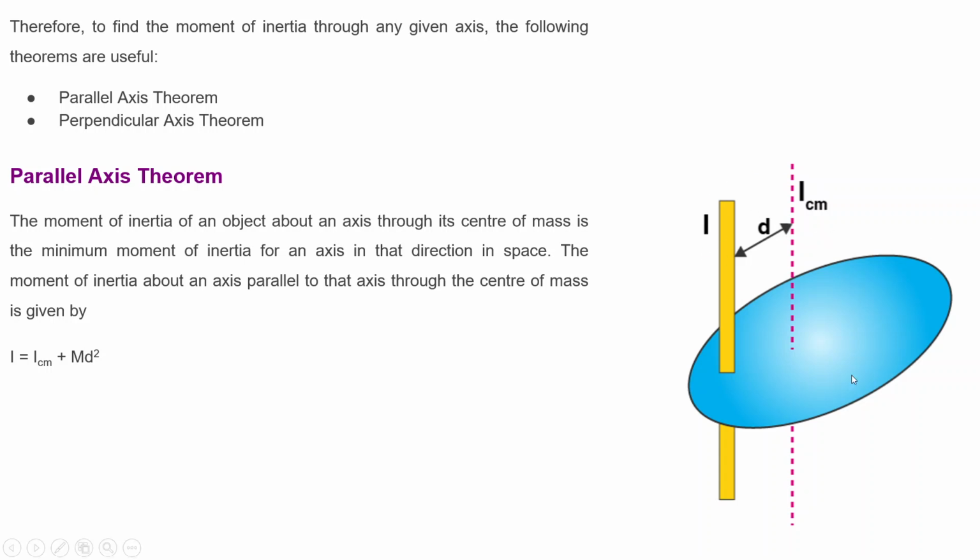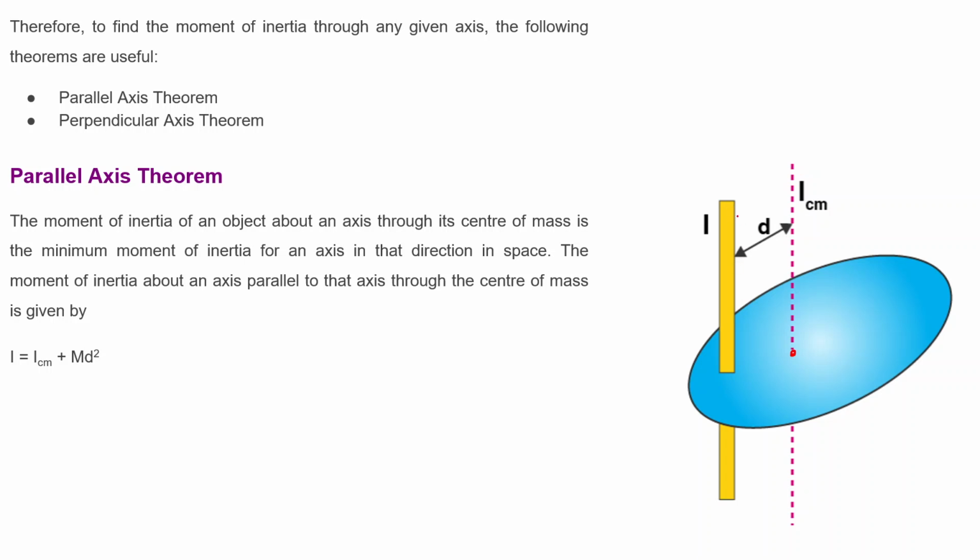So depending on the position of the material, let's say this point is the center of mass, and the axis passing through the center of mass and perpendicular to the plane of this object gives our moment of inertia, which I am calling ICM.